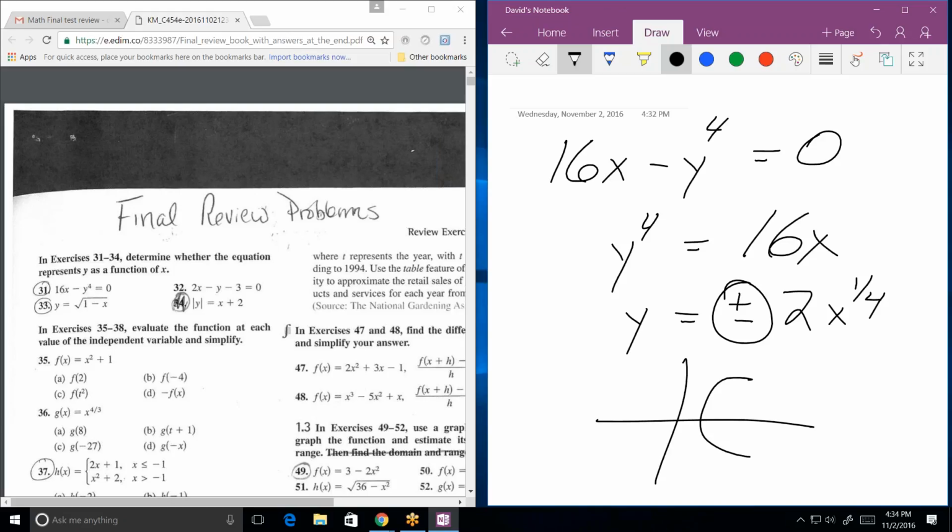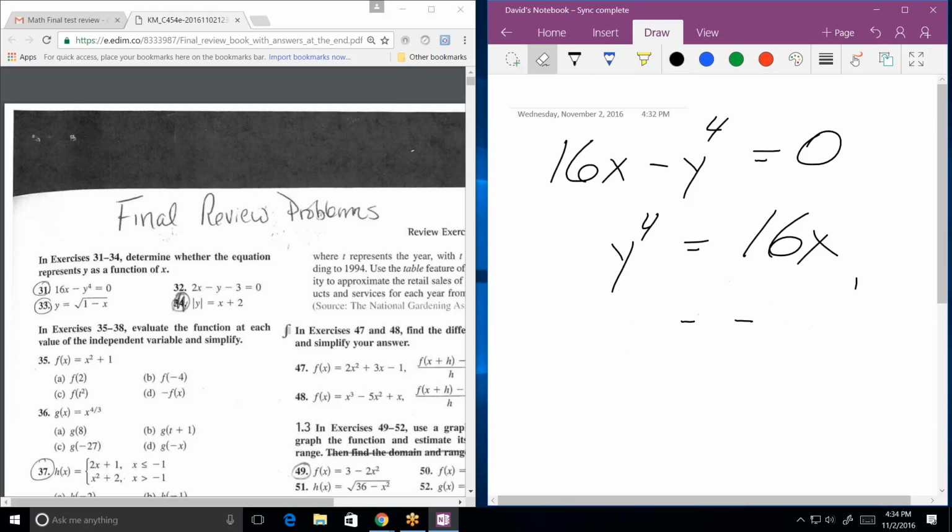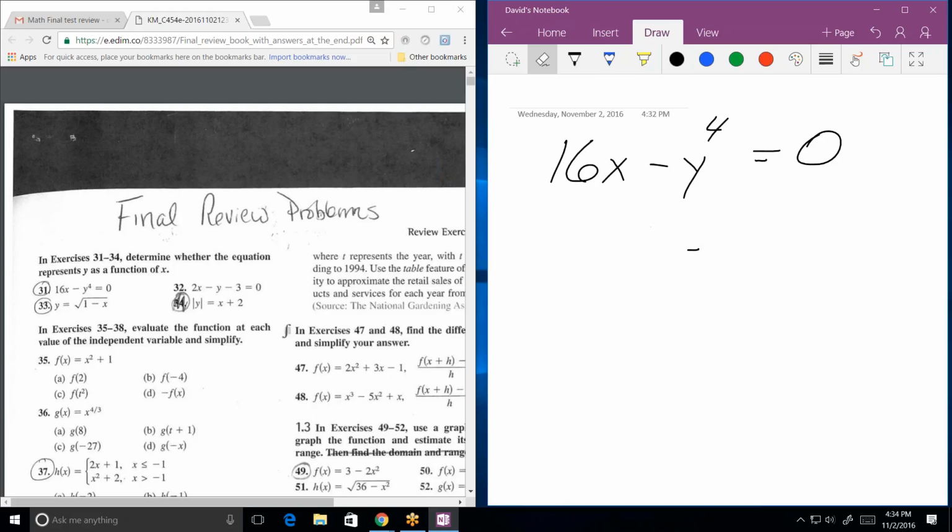The fact that when I solve for y, I end up with a plus or minus means it has to not pass the vertical line test. So there's no way that is called a function.